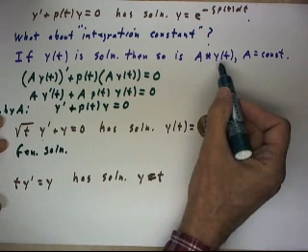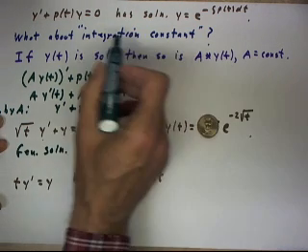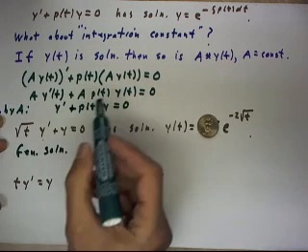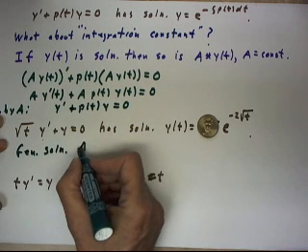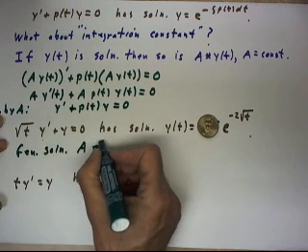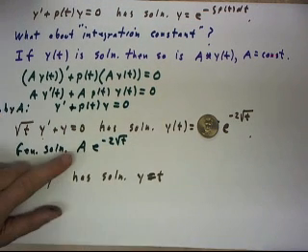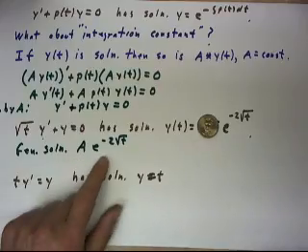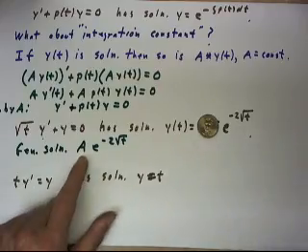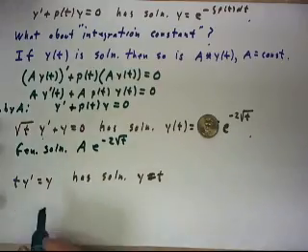well, if y of t is a solution to an equation of this form, then so is a y of t, so the general solution would be a e to the negative 2 square root of t. This would allow us to put an initial condition or some condition on our solution and adjust the constant a to fit the condition.